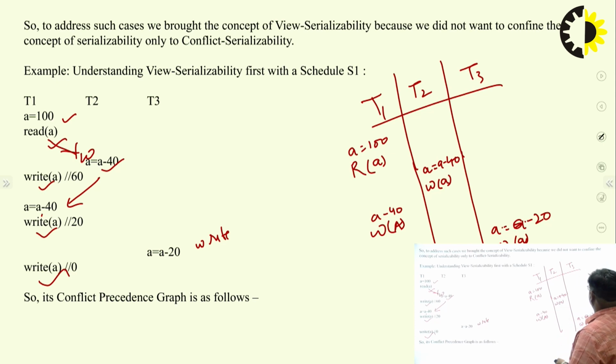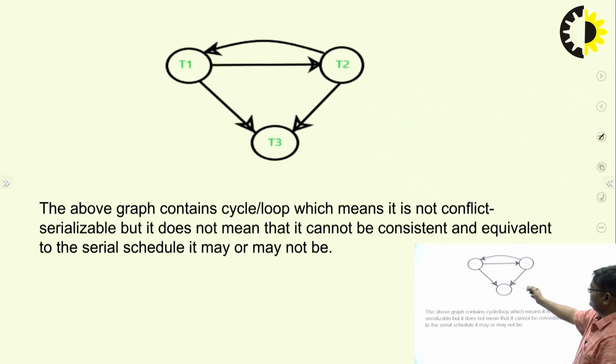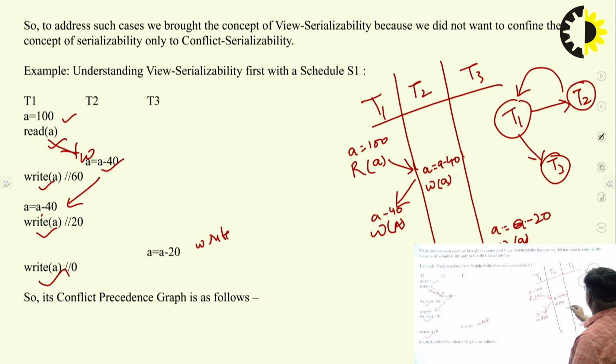So here the precedence graph can be T1 to T2, T2 to T1, and T1 to T3. For T1 we have T1 to T2 and T1 to T3.